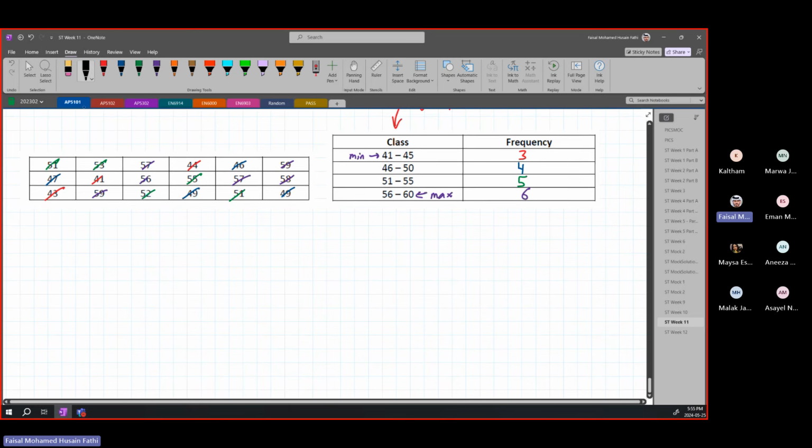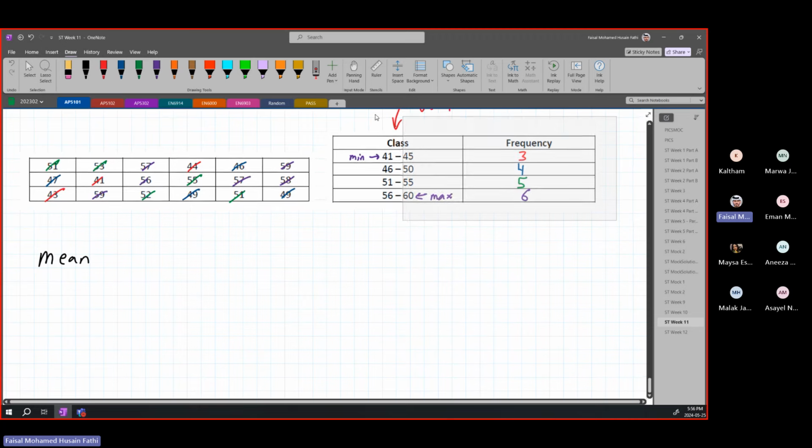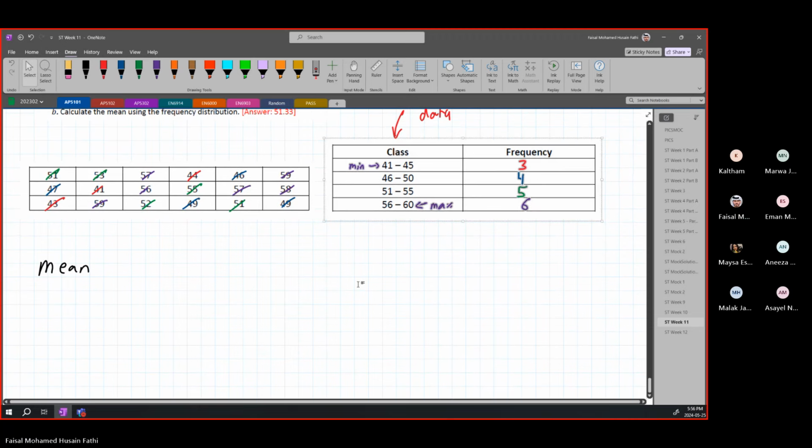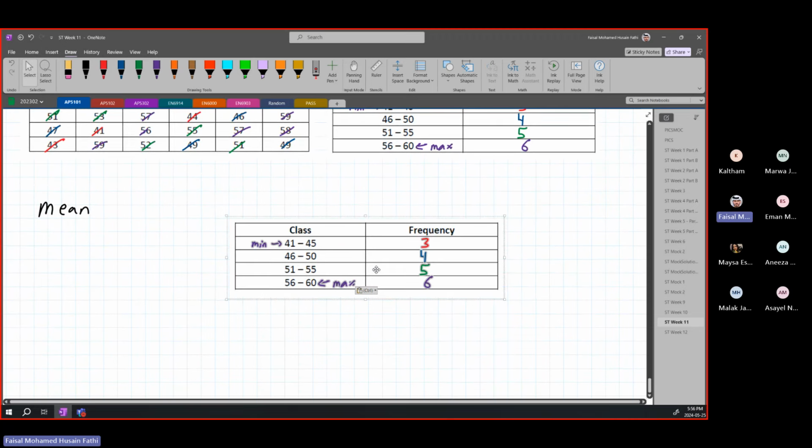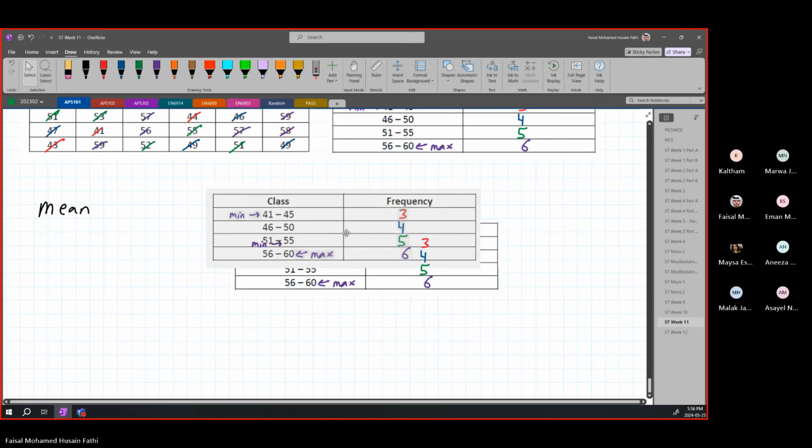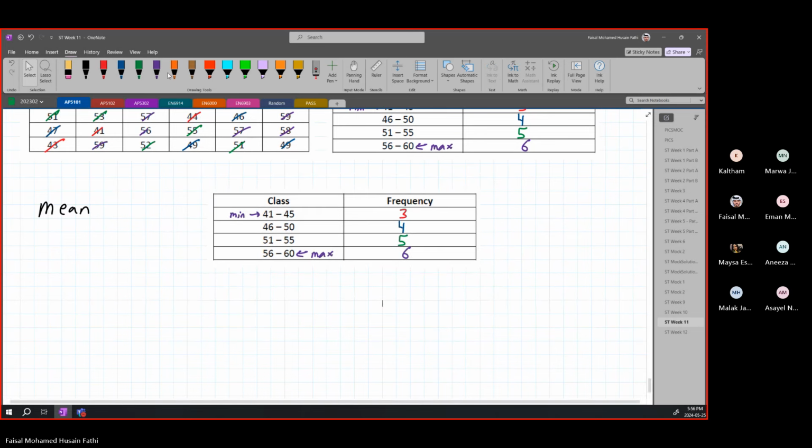Let me actually copy paste this table over here, and let me erase this real quick. Okay. So this is our table.